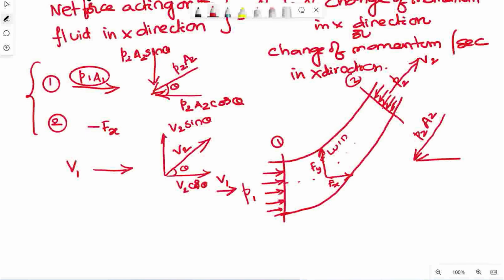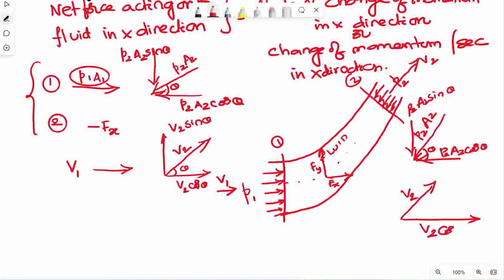The pressure forces, if you take it, this is P2 A2 cos theta, and this is P2 A2 sin theta. This is regarding pressure. Whereas the velocities, if you take it, this is how the velocity V2 is. So it is in this direction V2 cos theta, and in this direction V2 sin theta.